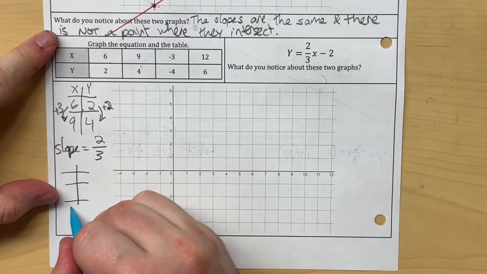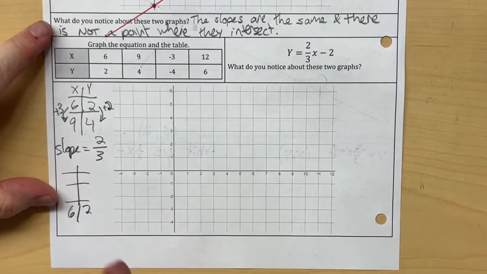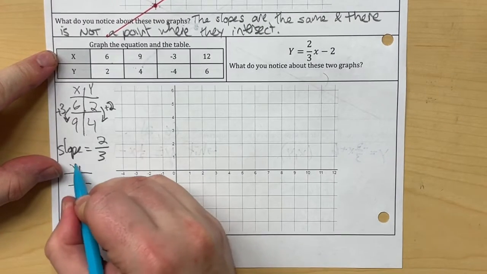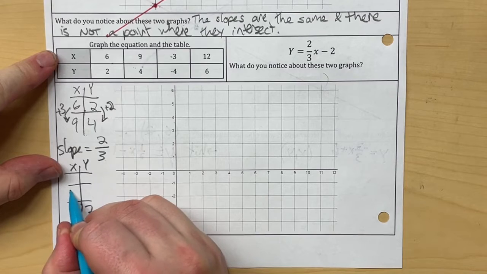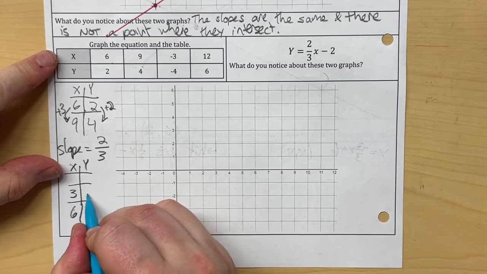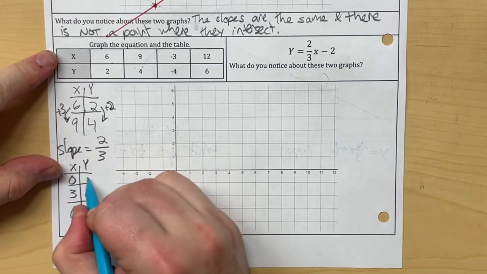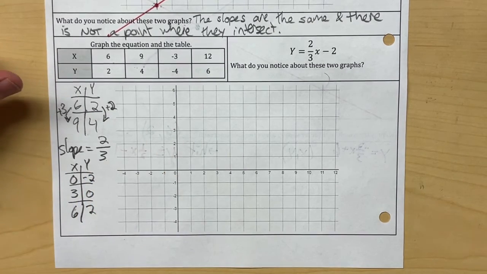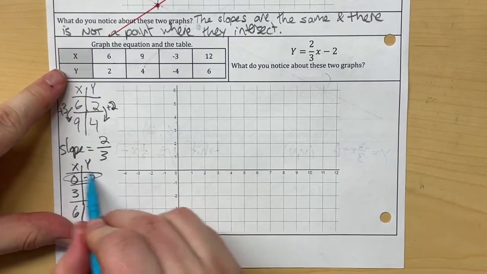If this is 6, 2, I can go up on the x-axis. I can say, hey, this is x and y. Let's go up, and let's say 3, and then 0, and I have 0, negative 2. And so this helps me find my y-intercept. Again, going up that ladder helps us find our y-intercept.